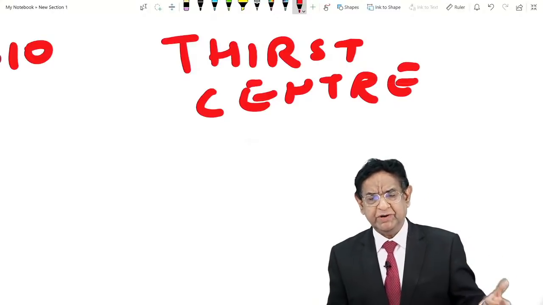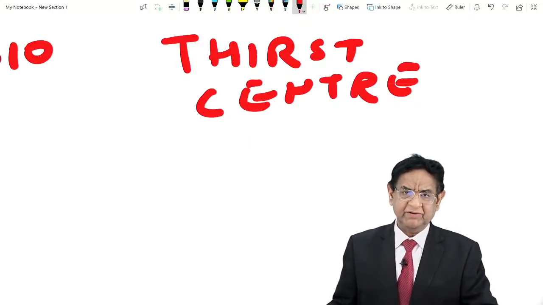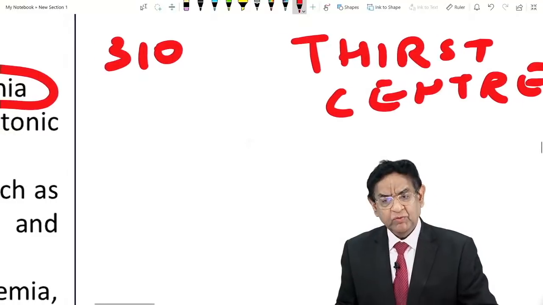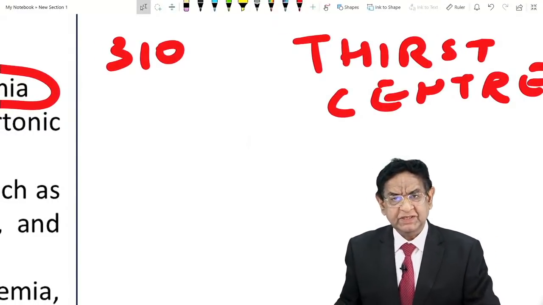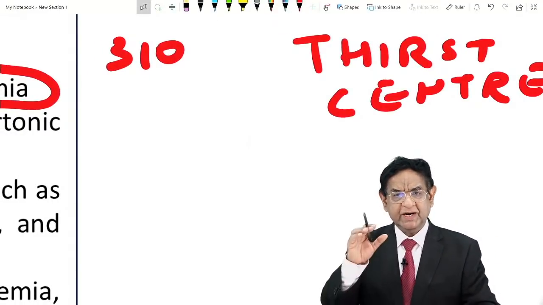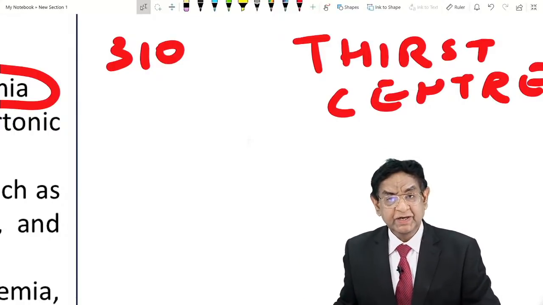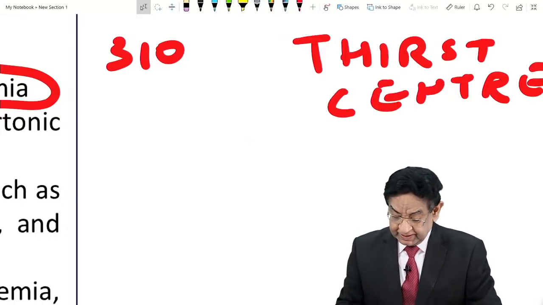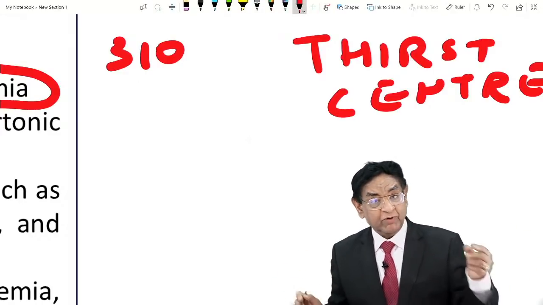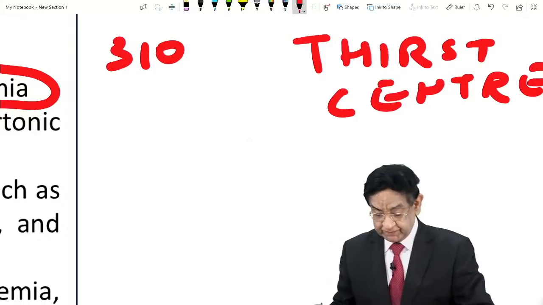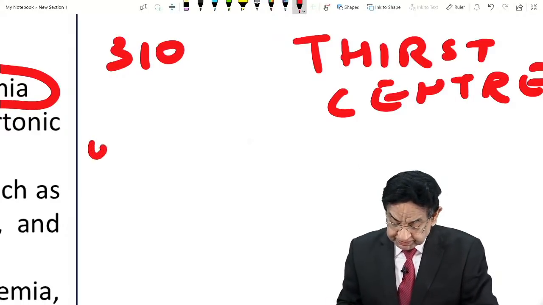Oh, drink water. Thirst center activated. Well, your friend serves you a glass of water. You take a glass of water. Immediately you drink it. And you are taking pure water. Pure water will be absorbed immediately. Water gets absorbed in stomach only. Okay? Water gets absorbed in stomach.